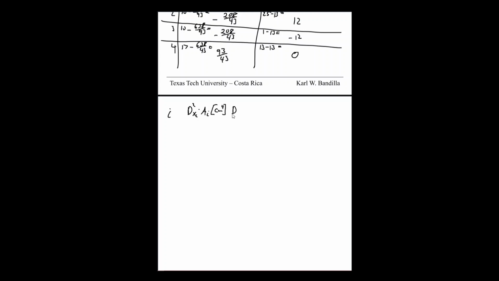We have dyi squared times ai, centimeter to the 4th. And then dxi times dyi times ai, centimeter to the 4th. And 1, 2, 3, 4, and the sum.